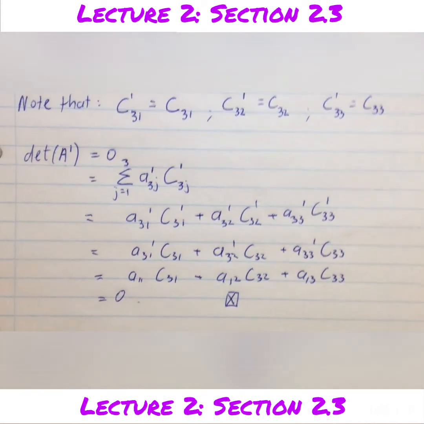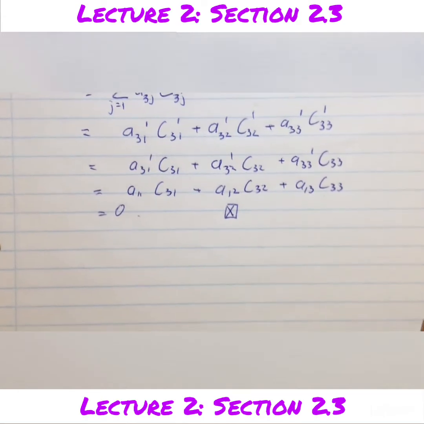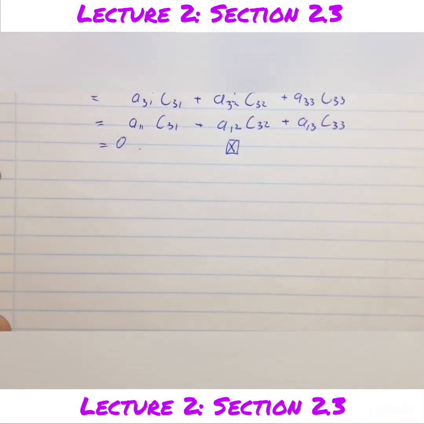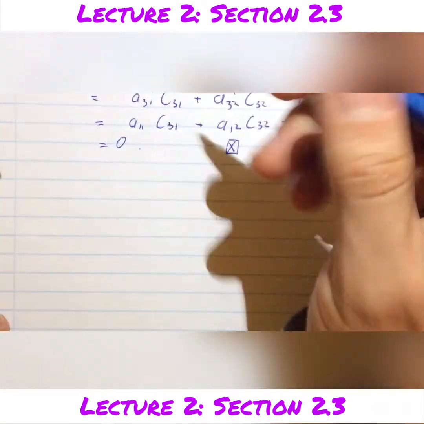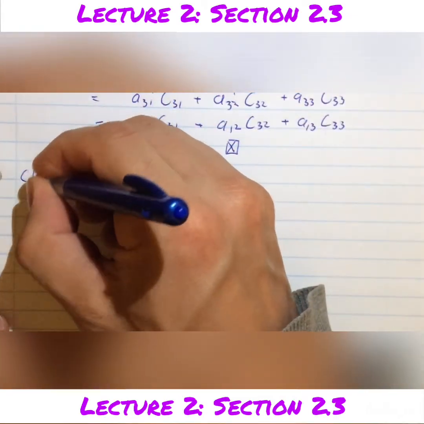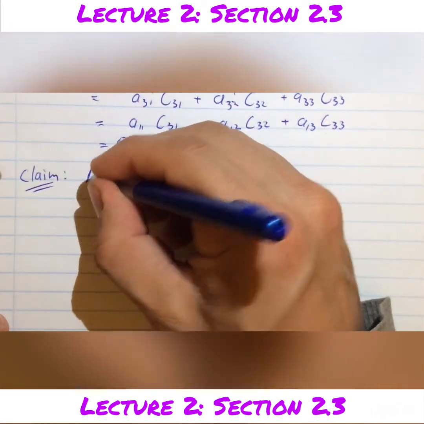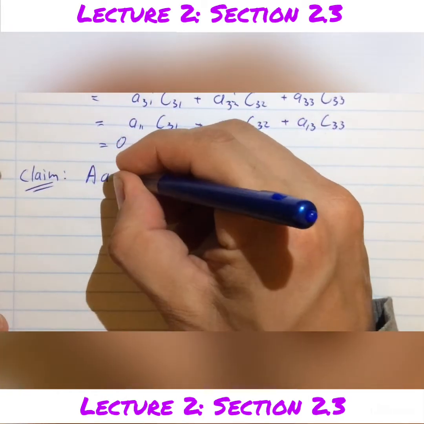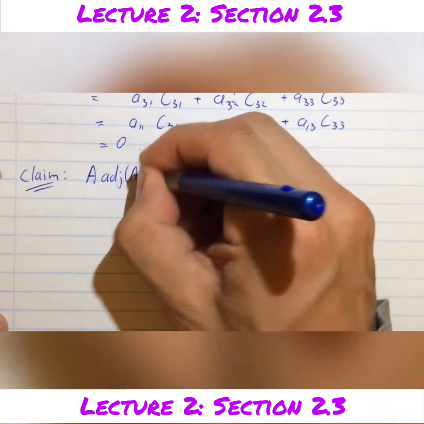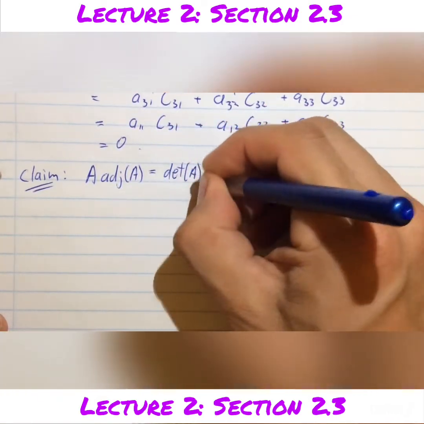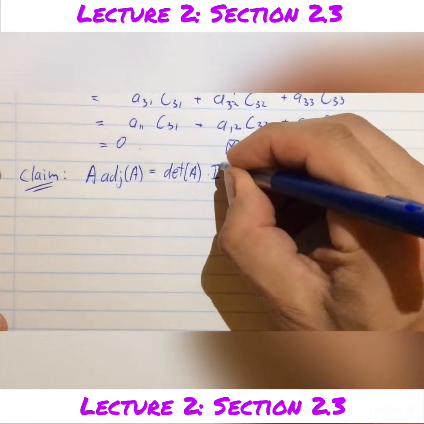Okay, so we are ready now to verify that result we spoke about. Again, what we're claiming here is that the matrix A multiplied by the adjoint of A can be given as the determinant of A multiplied by the identity matrix.